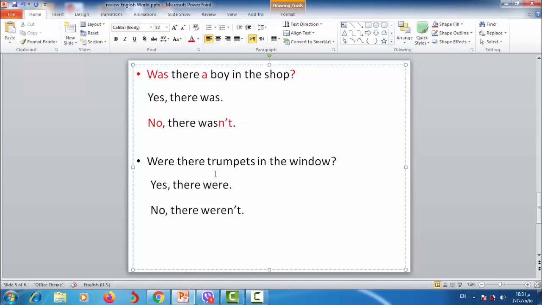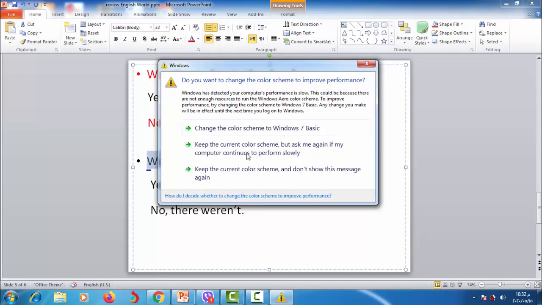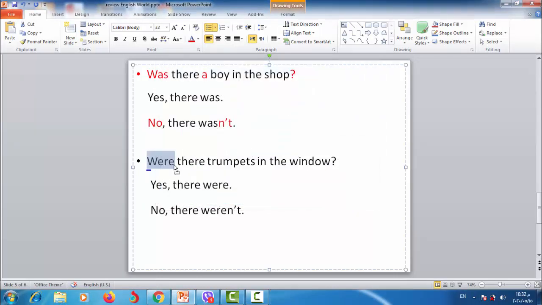Were there trumpets in the window? Another question. Why is it were? Because we have the plural with the trumpets.